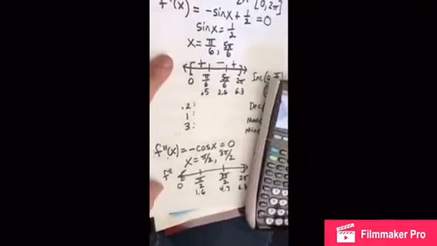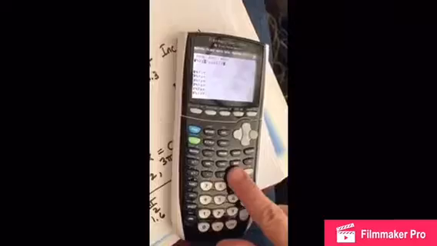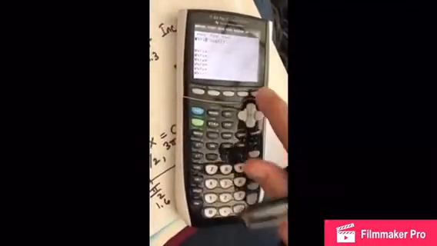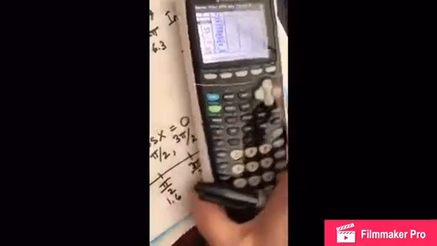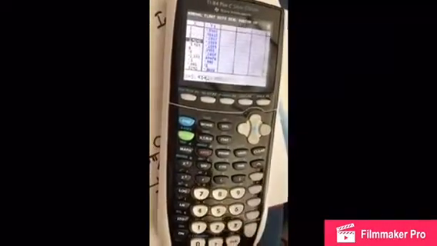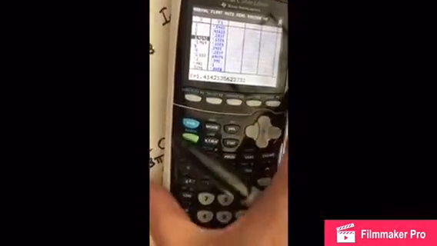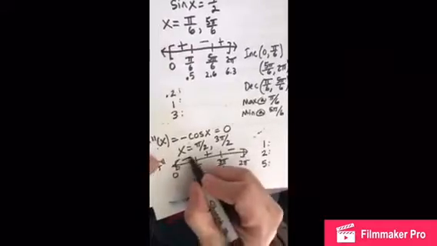So if I put my second derivative in, y equals negative cosine x, then I can go to my table and I can try all of these. A 1, what did I say? A 1, a 2, and a 5. And so I get negative, positive, negative. That's all I care about. Negative, positive, negative.